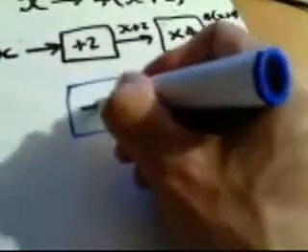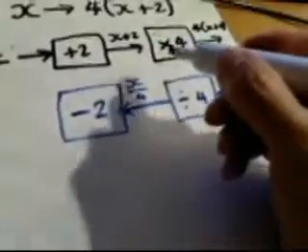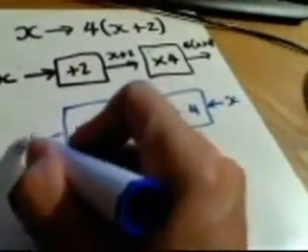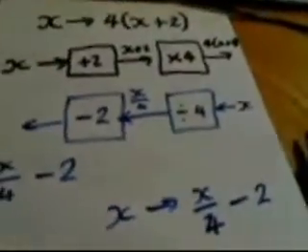And the inverse of add 2 is to subtract 2, which means it's x divided by 4 and then we subtract 2. So we just have to be very careful how we write this. It's x divided by 4 and then we subtract 2. So our inverse function would be written as x divided by 4 take away 2.